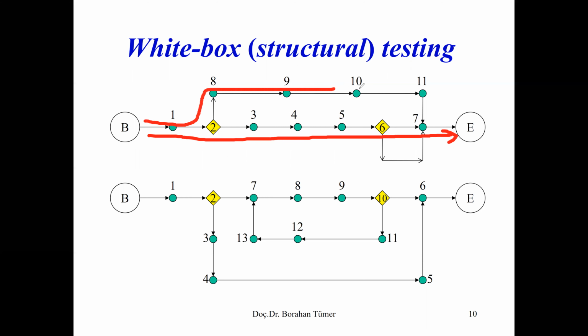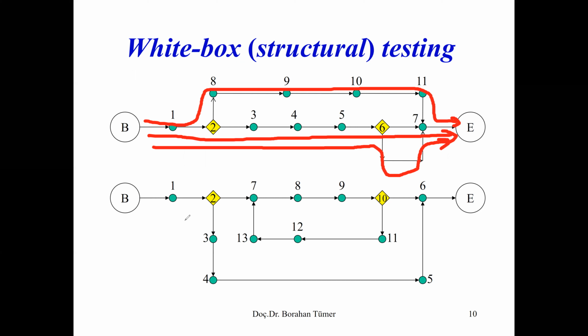This here is an independent path. And this here is another independent path. And here, the number of the independent paths is actually equal to the number of all paths, all right?